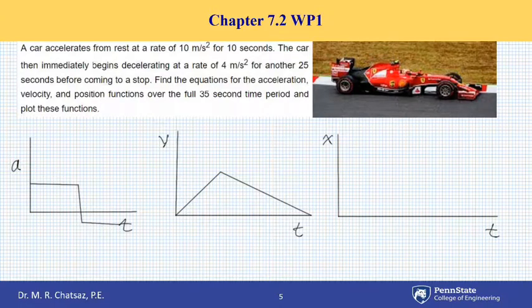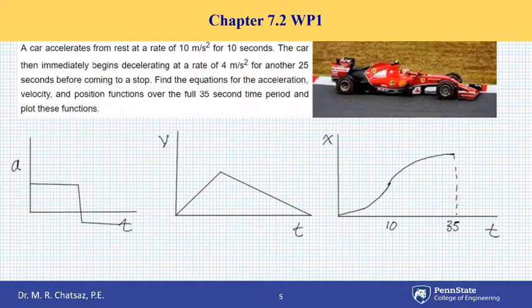Therefore, it is going to be a parabola concave up for the first 10 seconds, and for the second part it had a negative leading coefficient, therefore it is going to be concave down. If I apply the time values of 10 and 35 in the position functions, I can find the values for x at the corresponding times.